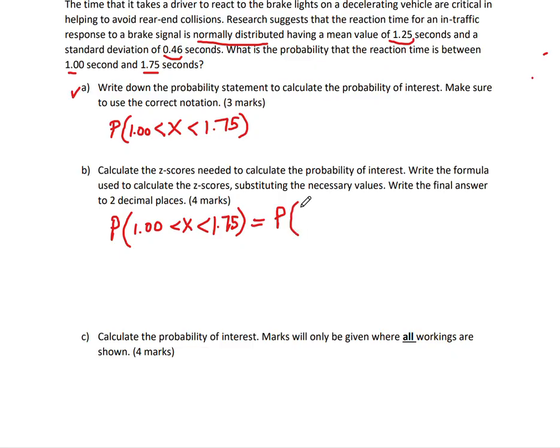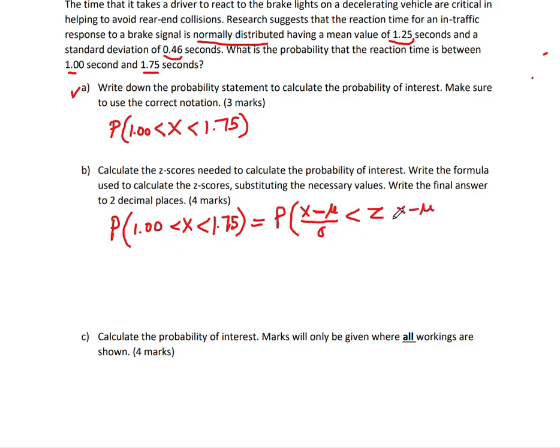So this will be the probability, and I'm going to write the formula here as requested: x minus mu divided by sigma, the standard deviation, less than, instead of writing x, I will write z in the middle. And then I'll write the formula in place of both numbers in the representation here.